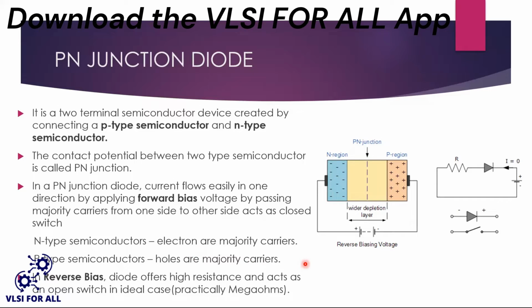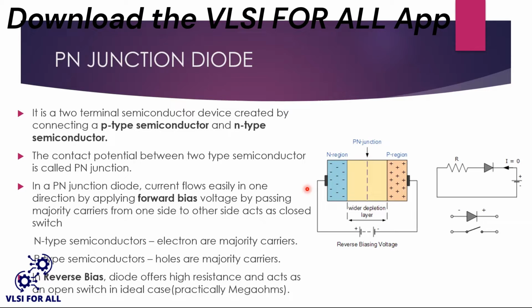And in reverse bias, this depletion region becomes higher and higher, and the diffusion won't be happening. So that is why there exists high resistance, but practically there exists a small current. In silicon you will be able to see microamperes of current in reverse bias, and in germanium you will be able to see nanoamperes of current.